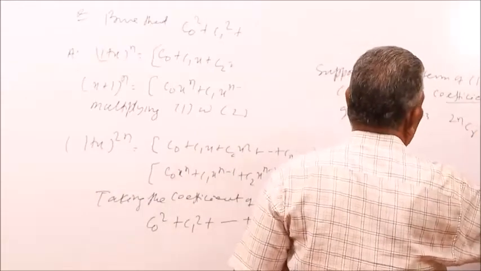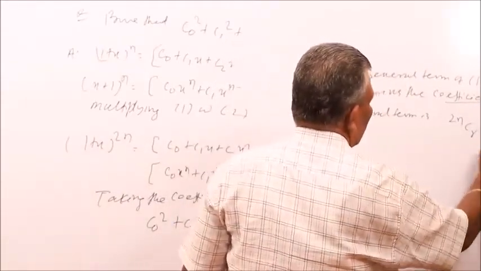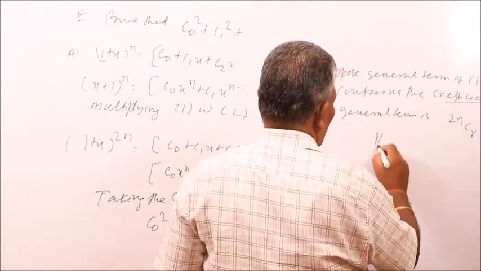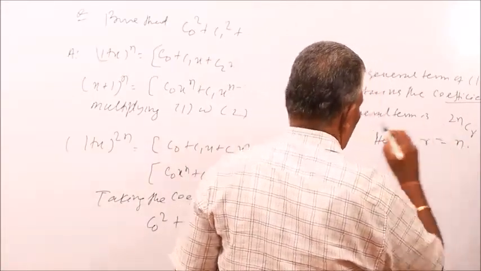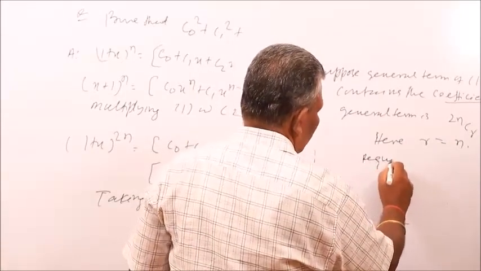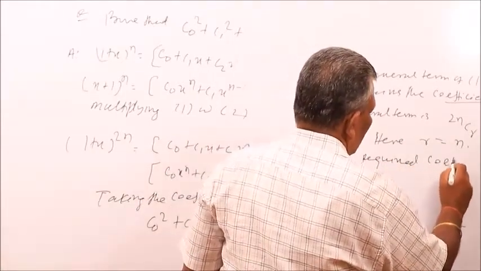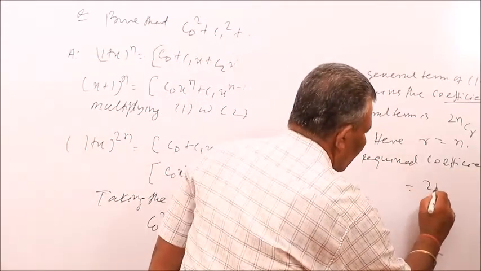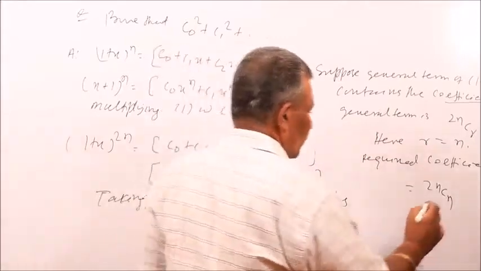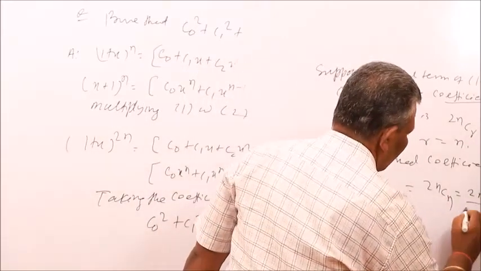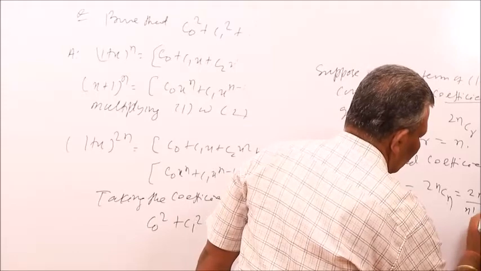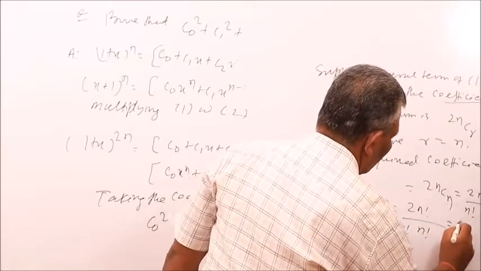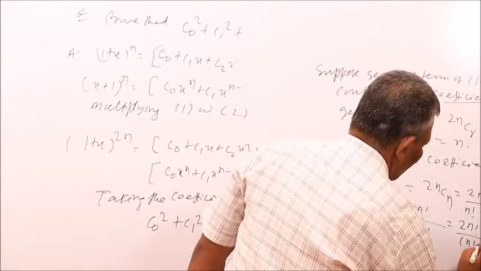We are finding the coefficient of x to the power n. Here this general term contains the coefficient of x to the power n, so power of x is r, that is here r equals n. So the required coefficient equals 2n Cn. Apply the formula nCr, that is 2n factorial by n factorial into 2n minus n factorial, that is 2n factorial by n factorial into n factorial, or you can write 2n factorial by n factorial whole square.